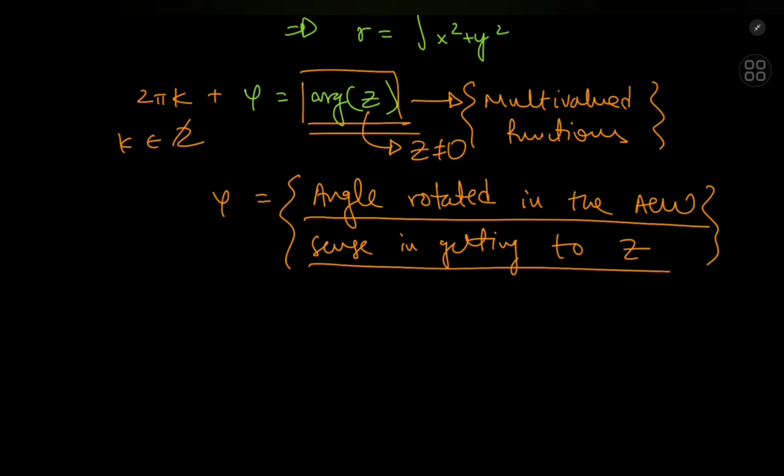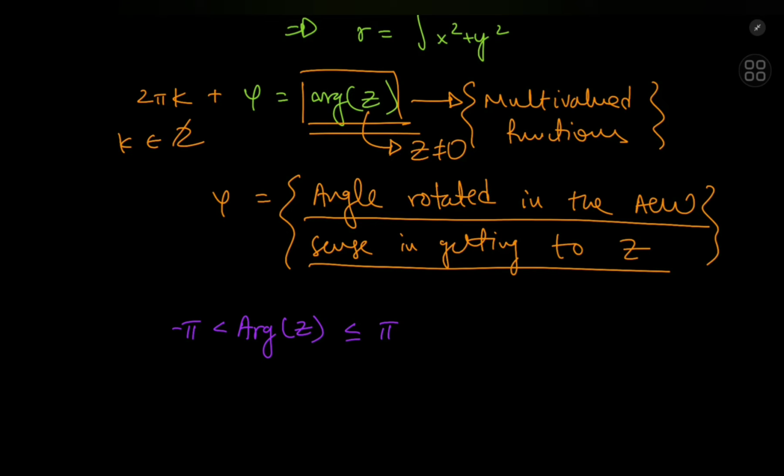Well, thankfully there is. We just restrict the argument function. And by restricting it, we define something called the principal argument function, Arg z with an uppercase A. And this is defined sort of arbitrarily to be bounded between pi inclusive and negative pi excluded. So this thing here is nice and single-valued.